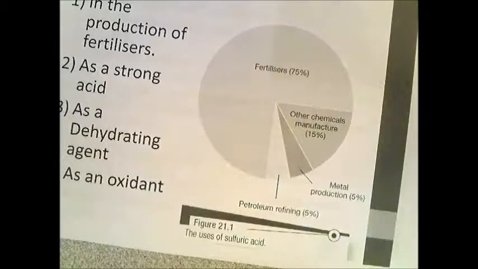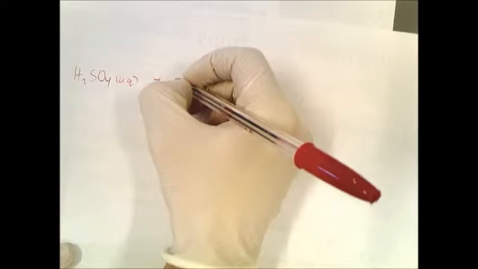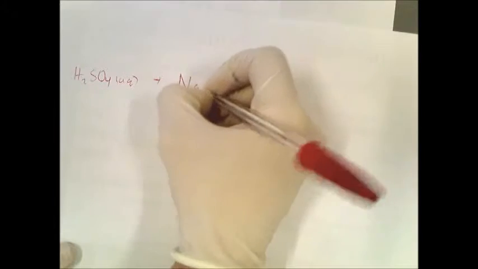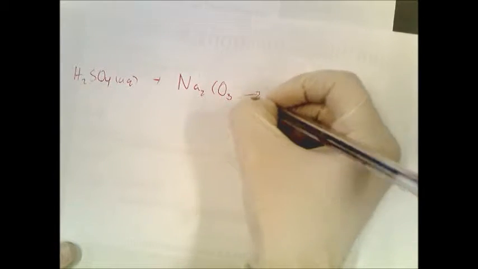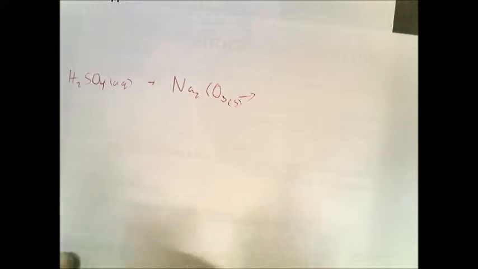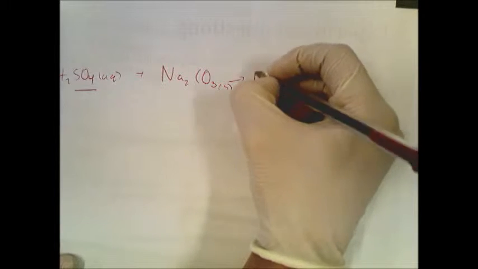Let's write out the equation. So the first thing is the reactants. So H2SO4 again, plus here it was sodium carbonate. Now, products. So, let's look. That gives us the anion, so sulfate gives us the anion.